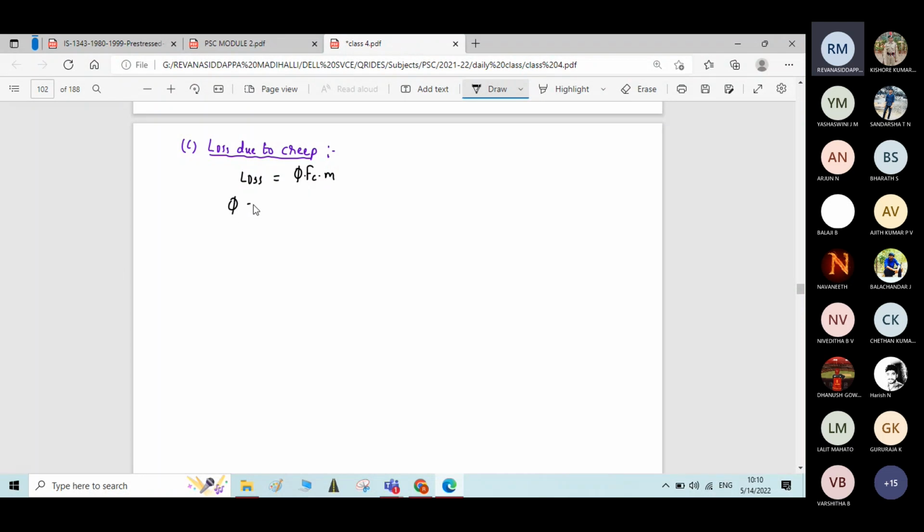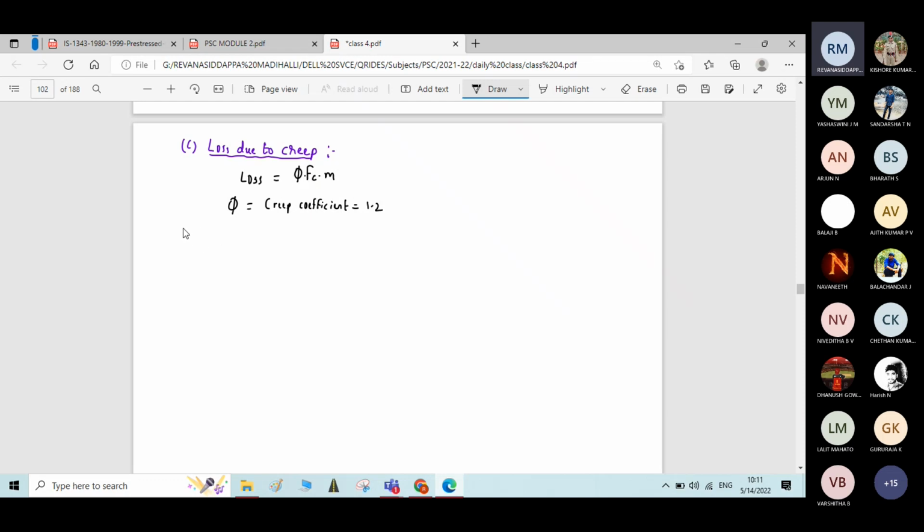Where pi is creep coefficient, which is given as 1.2 in the problem, correct? Then what we need? We need the value of FC. What is the meaning of FC? Stress in concrete at the level of steel. Okay, FC is nothing but stress in concrete at the level of steel.